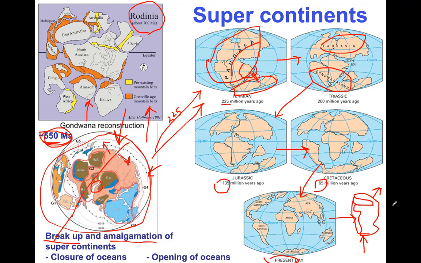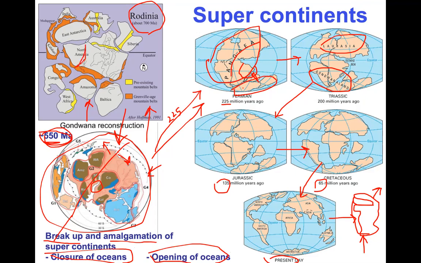Yes, I did not talk about that aspect in much detail, but I forgot to mention that supercontinent formation is a result of closing of oceans as well as opening of oceans. What do I mean by that? Suppose you have the Rodinia supercontinent here. As I mentioned, it was hit by a mantle plume, and then it fragmented.